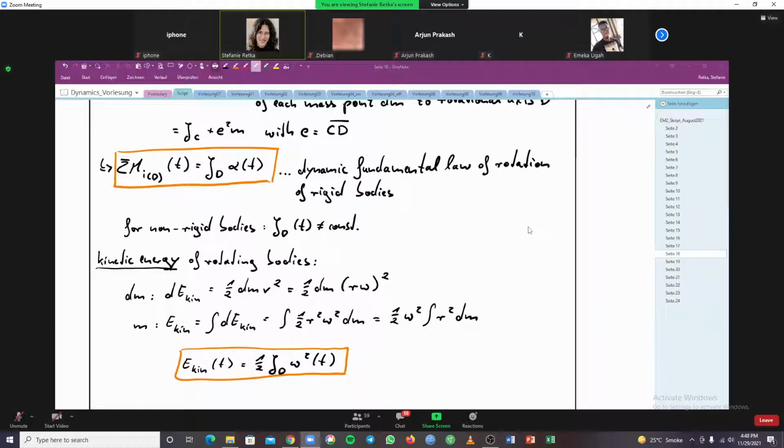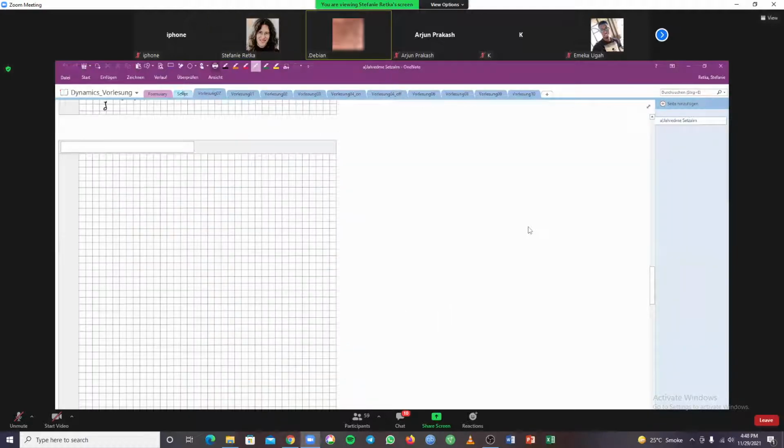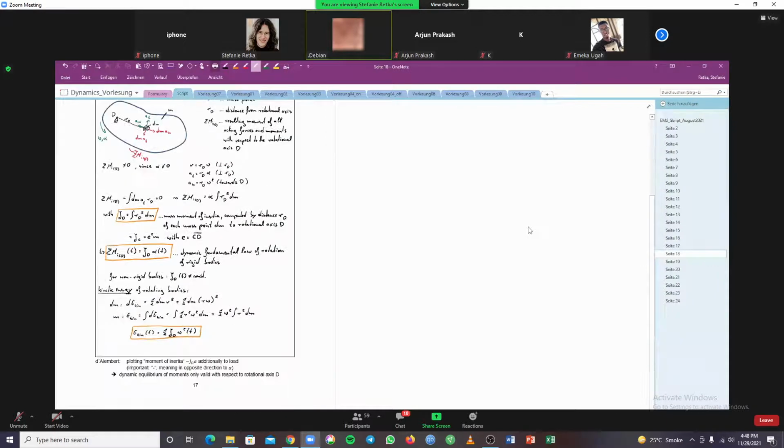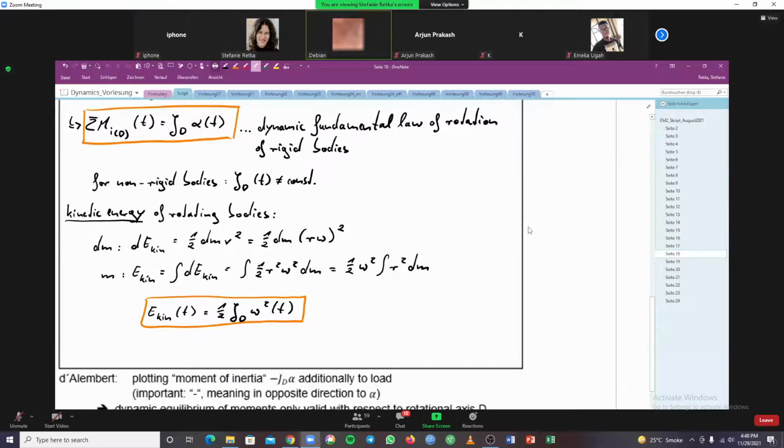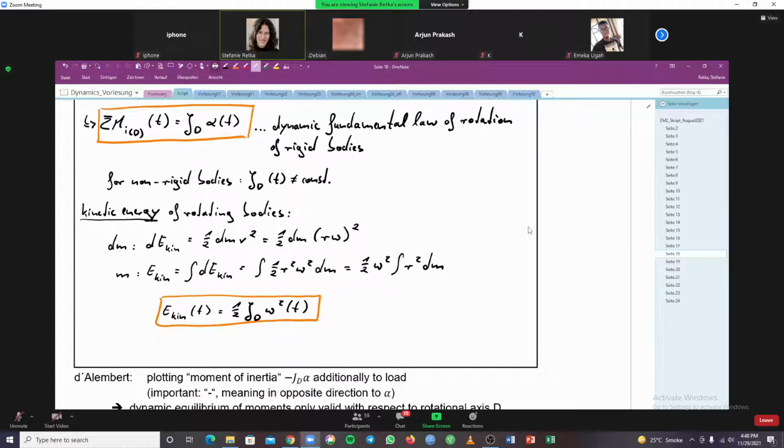Okay, let's solve a first example. Professor, before then, you said for general motion of a point mass, the kinetic energy is going to be half of the mass times the velocity squared. Yes.